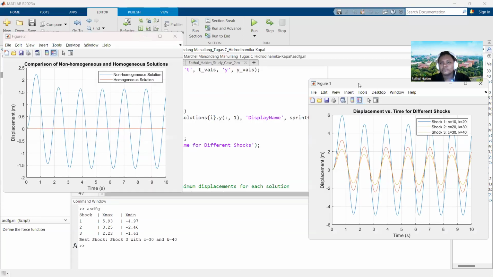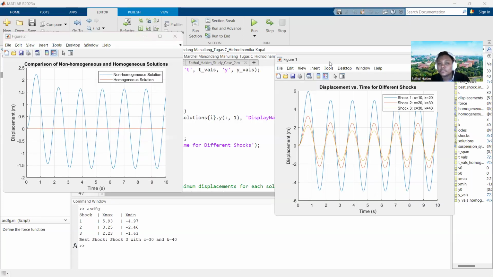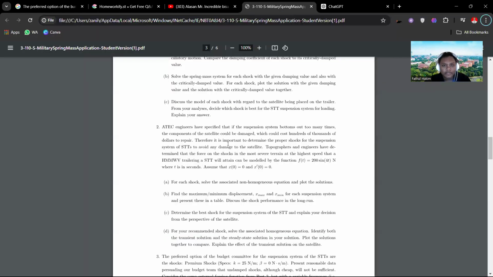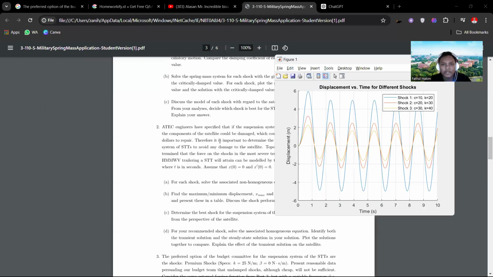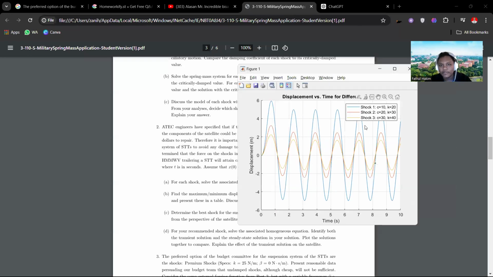The first figure is the answer to the first question, question A, which states: for each shock, solve the associated non-homogeneous equation and plot the solution. This is the solution. As you can see, the best shock is the one that has a constant of 30 and k of 40 because it has a smaller amplitude, the yellow one.